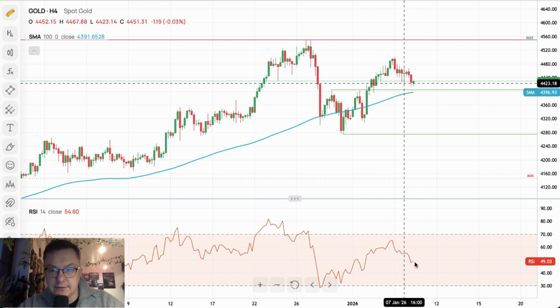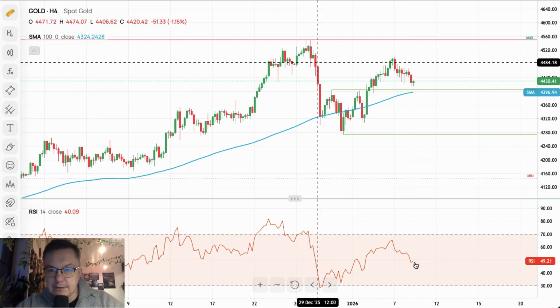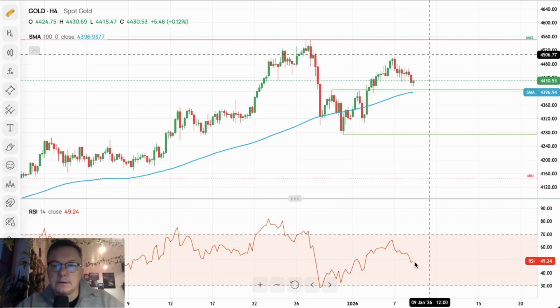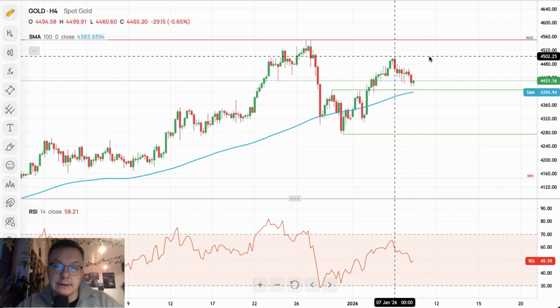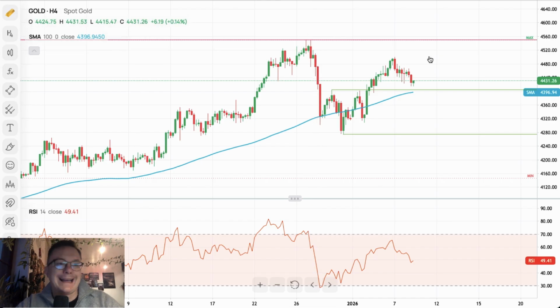The pullback looks like it's in 3 waves already, so this might be the last wave to the downside in gold, and then movement to the upside is expected. In that scenario, the first target is 4,500 local technical resistance, and then 4,549.